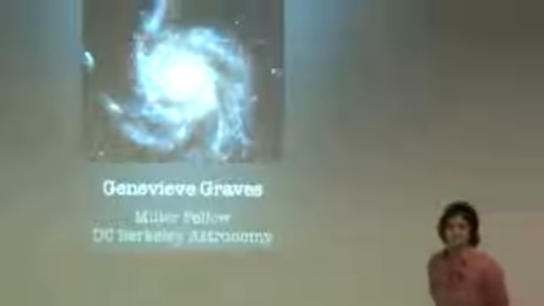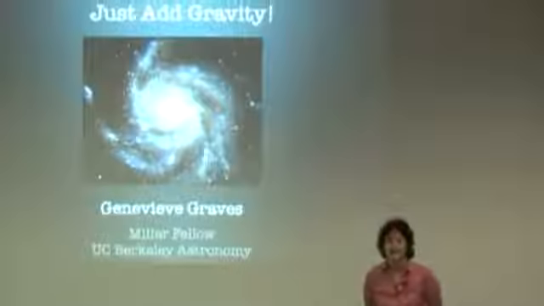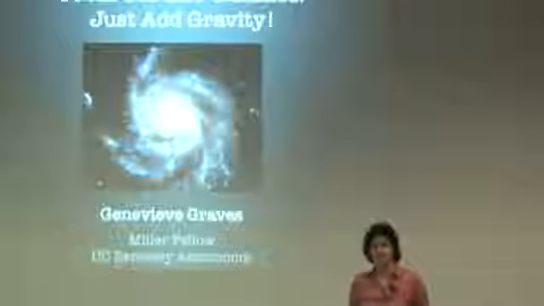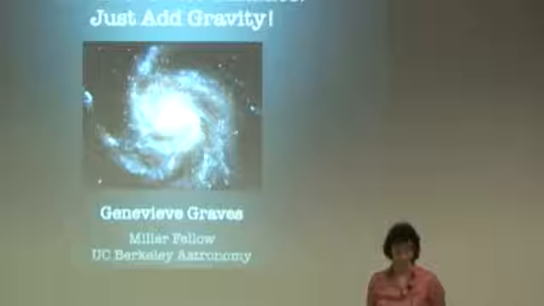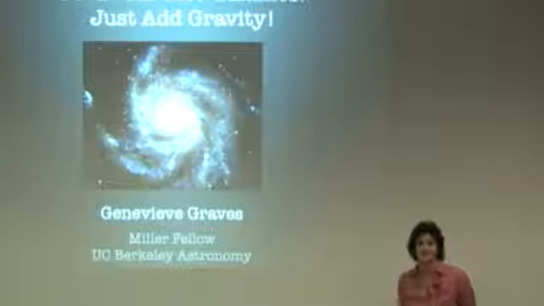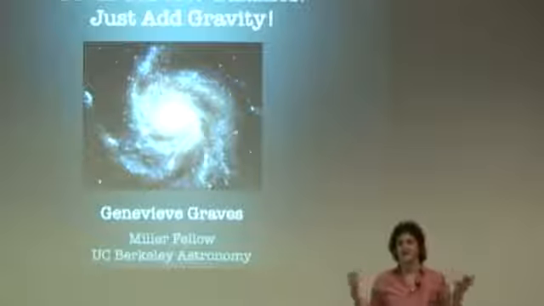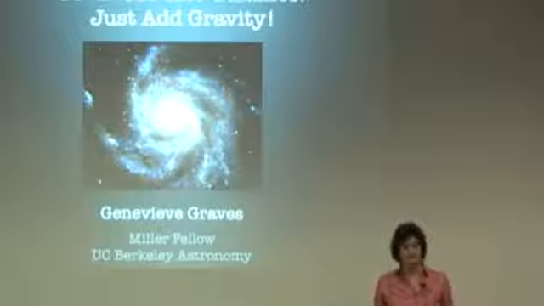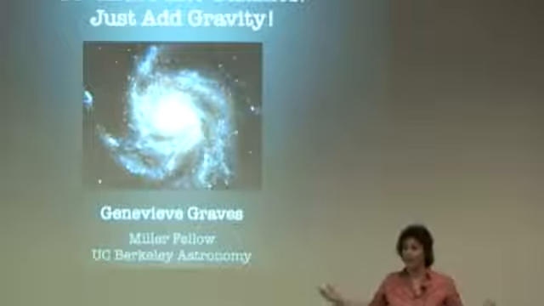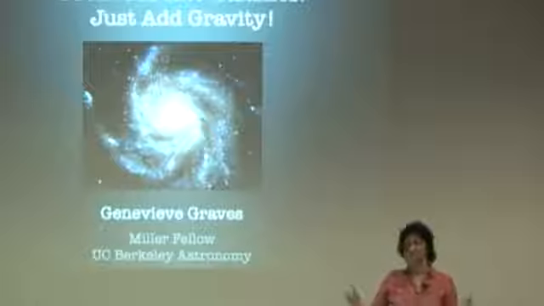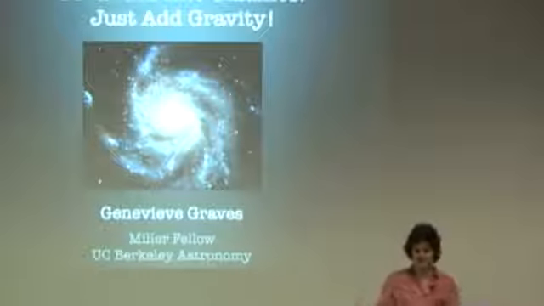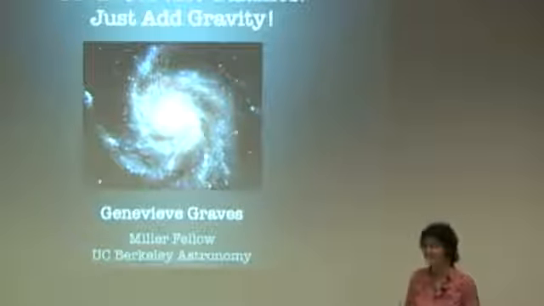I did my thesis work at UC Santa Cruz, working with Sandra Faber there, on galaxy evolution and studying galaxies in the local universe in particular. What I'm going to talk to you about today is to try to give you a large-scale picture of what galaxies are, how they relate to us in terms of the scales that they occupy versus the scales that we occupy, which are very different.